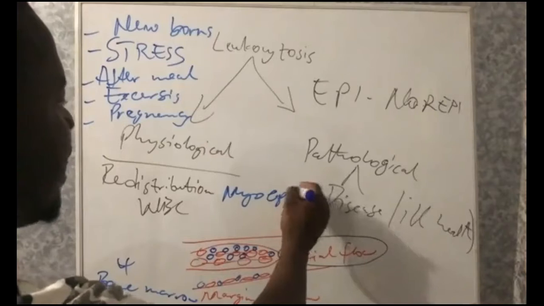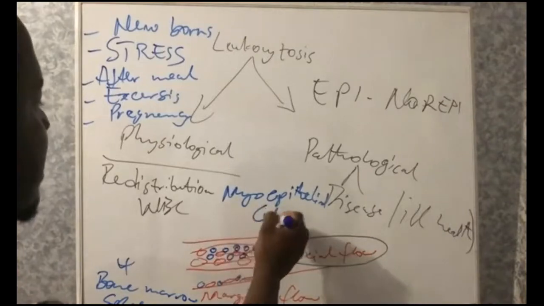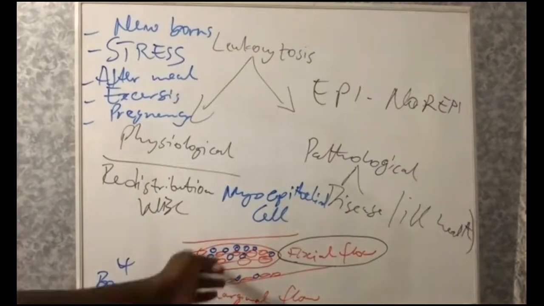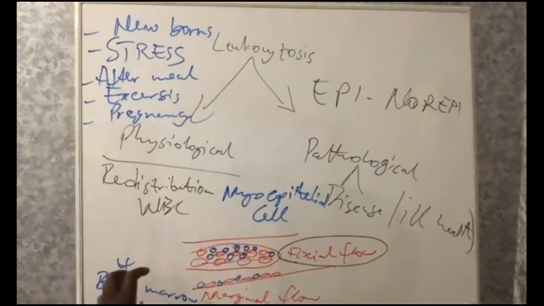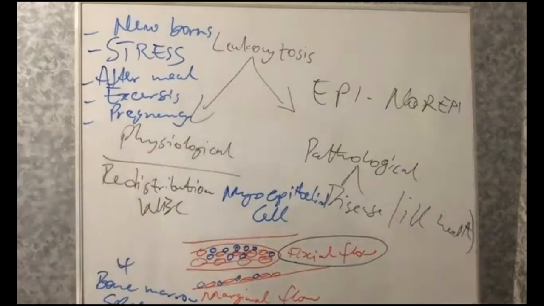So what they do is that they act on the myoepithelial cells, and these myoepithelial cells will contract. And once they contract, they move the white blood cells from those depots, okay? And so that's the function of the epinephrine and norepinephrine. They will act on the depots to cause the white blood cells to move out of that place and join the axial flow.